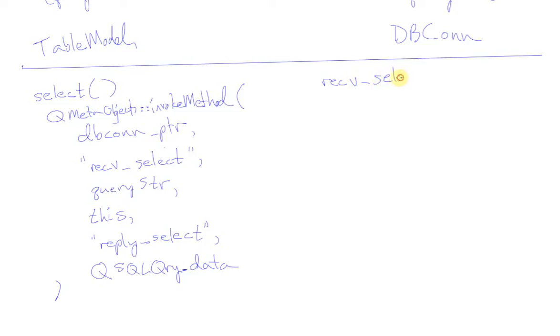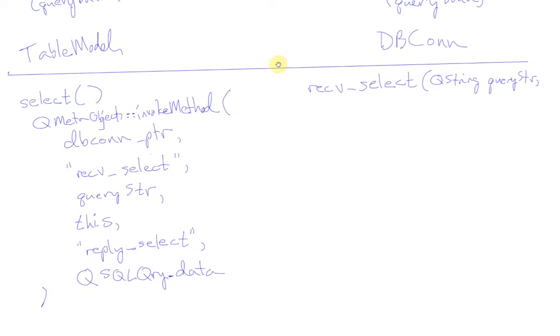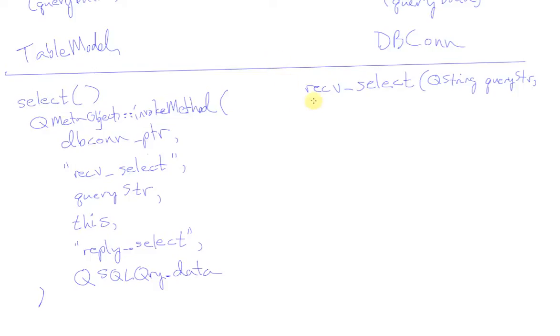And here is receive select, which takes as parameters QString query string, which I'll call that, and it's going to take table model pointer, we'll call it mod.